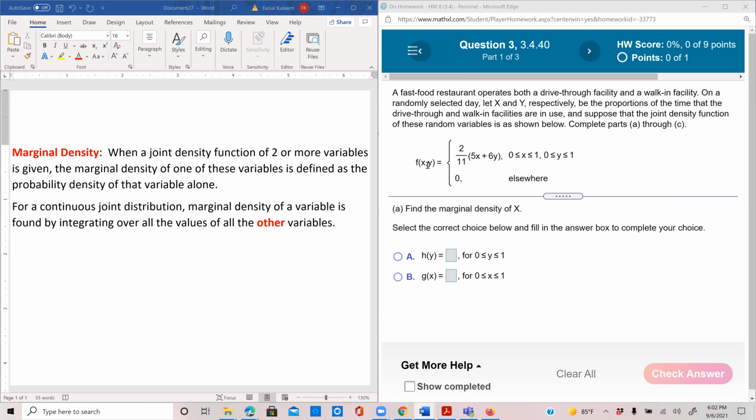But we may at times be interested in just one of the variables. Here, X was the proportion of people who go drive-through, and Y is the proportion who go walk-in. Let's say we are just interested in drive-through, so we want X with Y eliminated. One analogy: you and someone else have joint assets, and the proportions in a particular asset are not necessarily half and half.